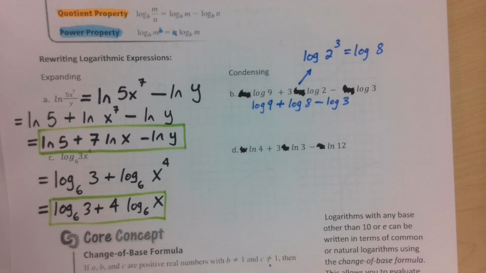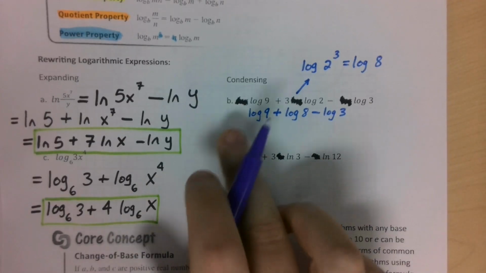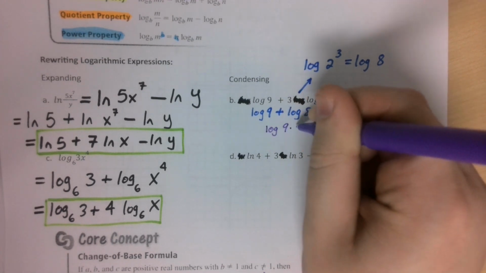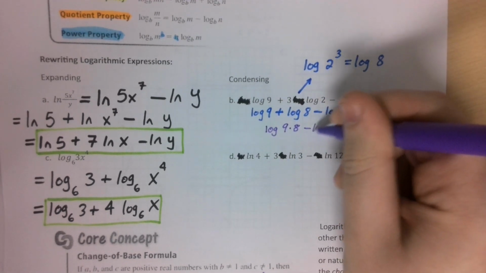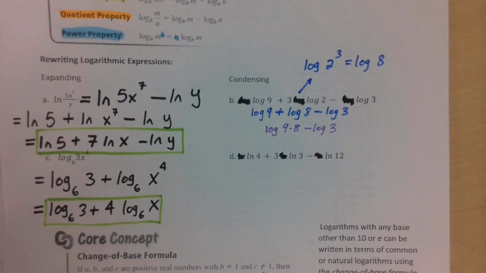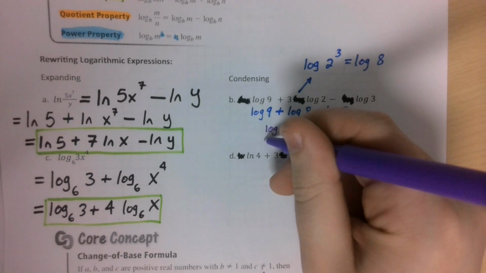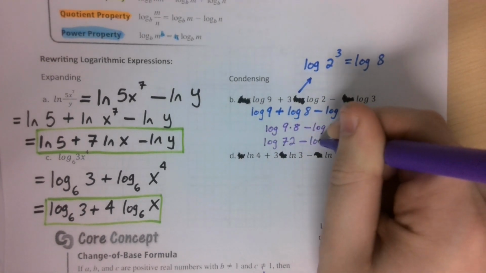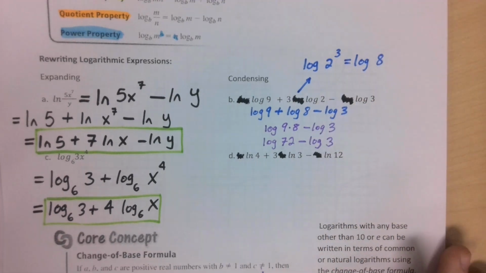So all we need to do is combine them into a product. Log of 9 plus log of 8 is log of 9 times 8 minus log of 3. And what is 9 times 8? That's 72. So this is log 72 minus log of 3.